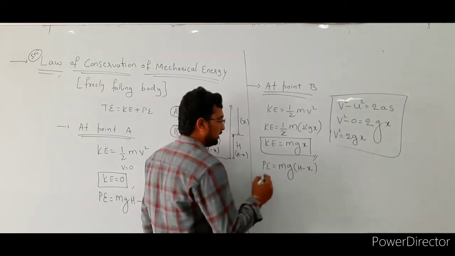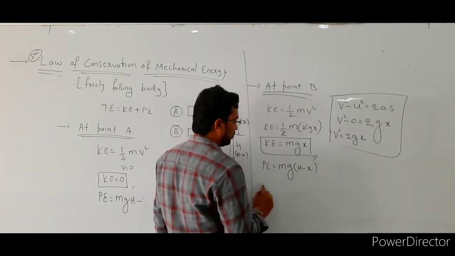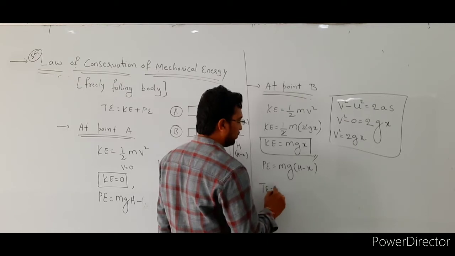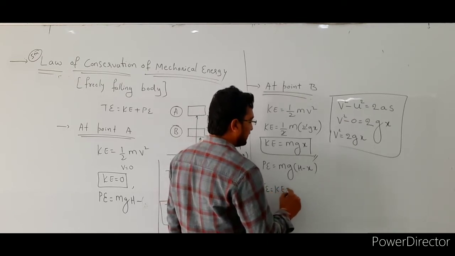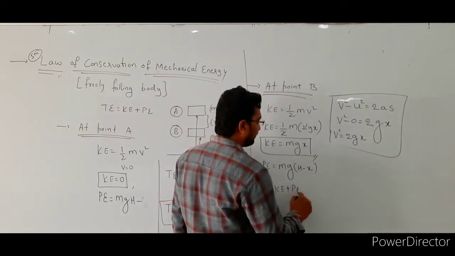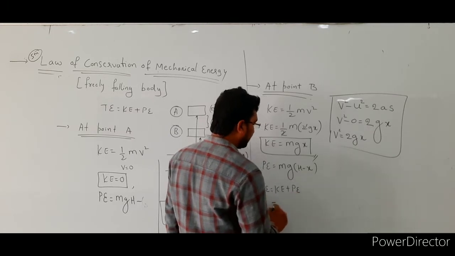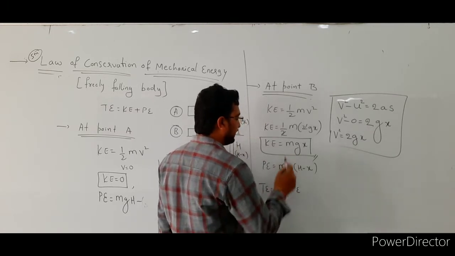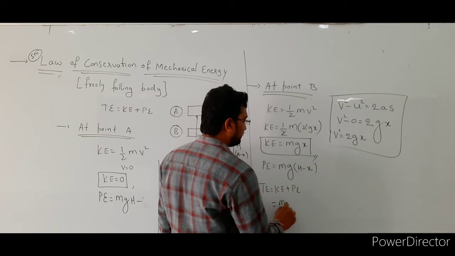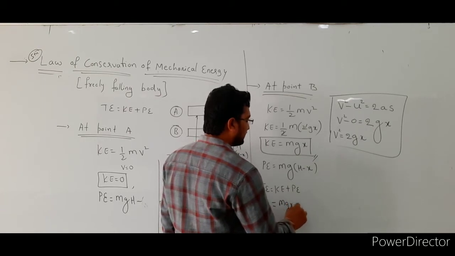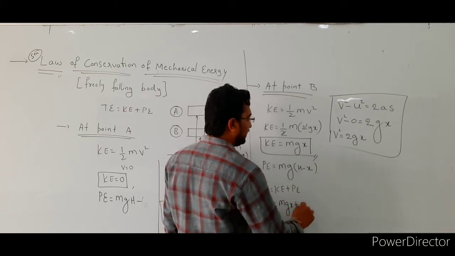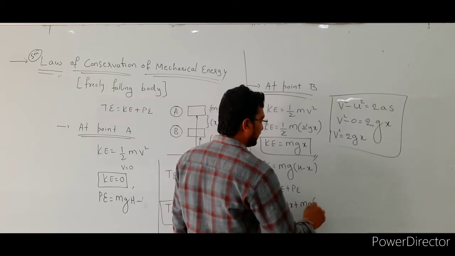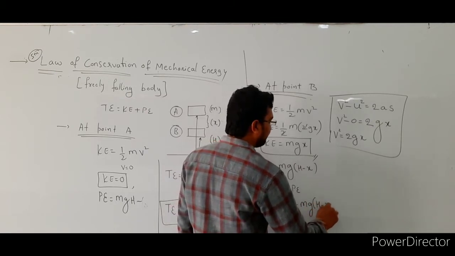Next, the total energy is equal to kinetic energy plus potential energy. The kinetic energy is mgx plus the potential energy mg bracket of h minus x.